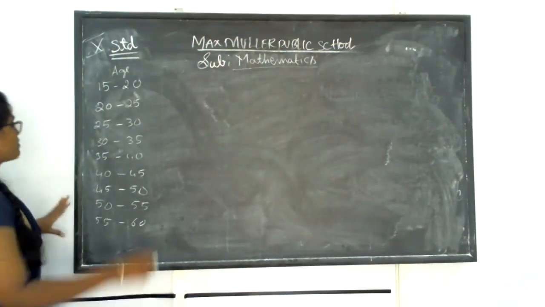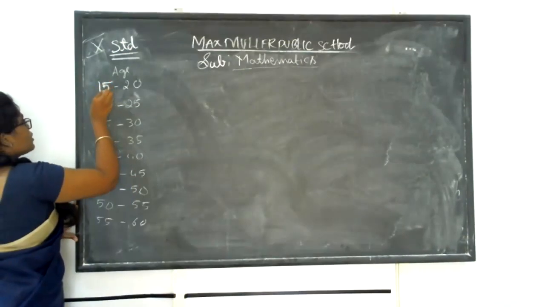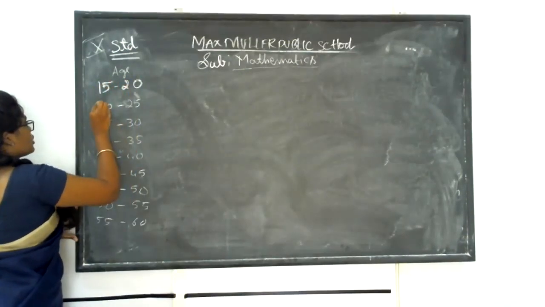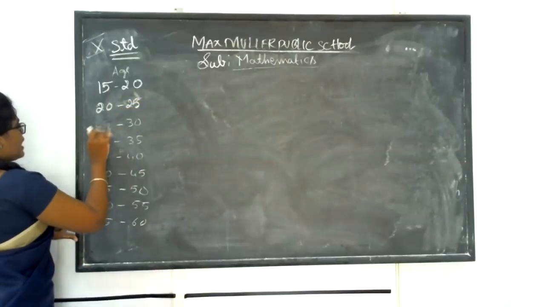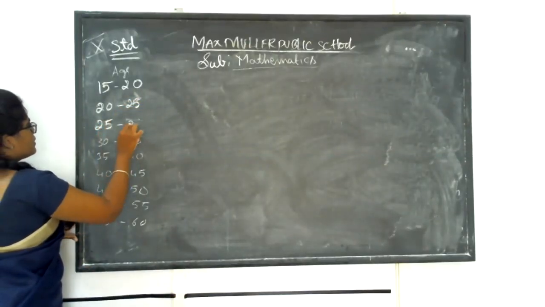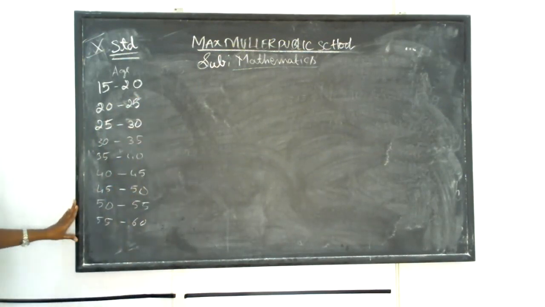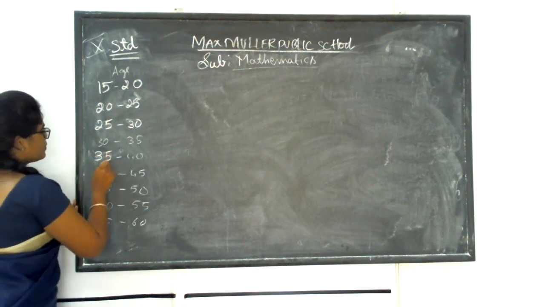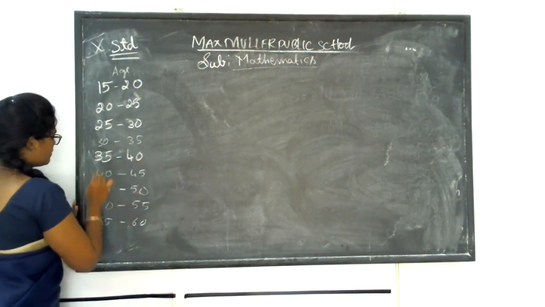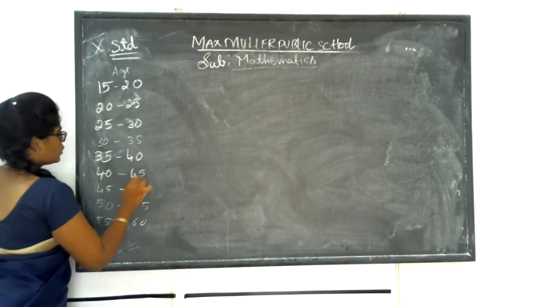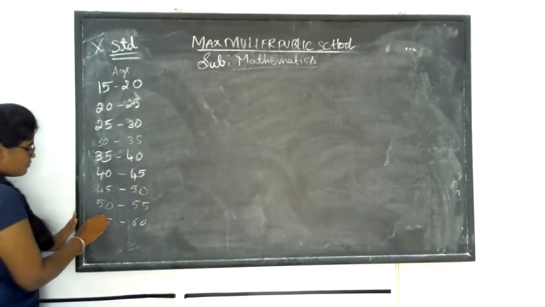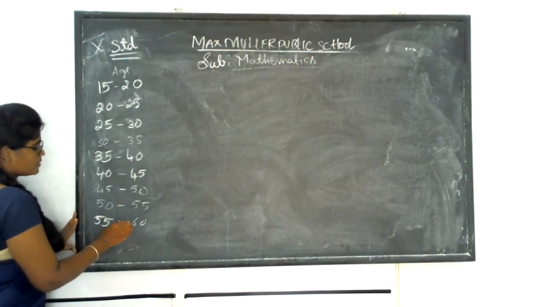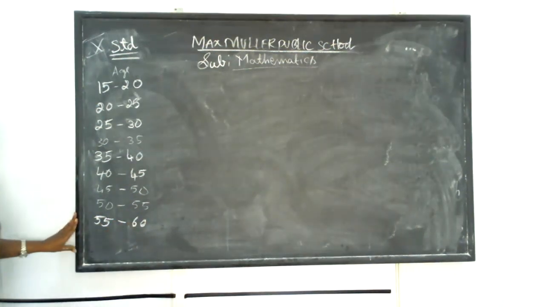What is the frequency given here? It is 15 to 20, 20 to 25, 25 to 30, 30 to 35, 35 to 40, 45 to 50. It goes on till 55 to 60.